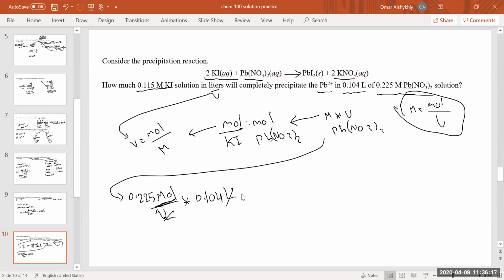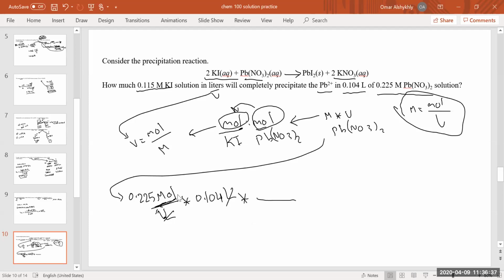Now I get from this step the mole of Pb(NO3)2. Now, from here, I will use the mole-to-mole ratio between Pb(NO3)2 and KI.